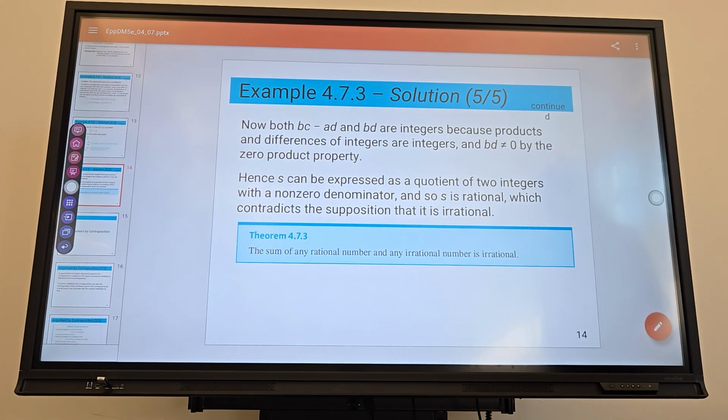So s is rational, which contradicts the supposition that s is irrational. Therefore, the sum of any rational number and any irrational number is irrational, by theorem 473.